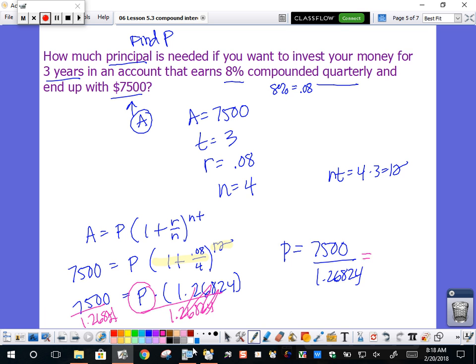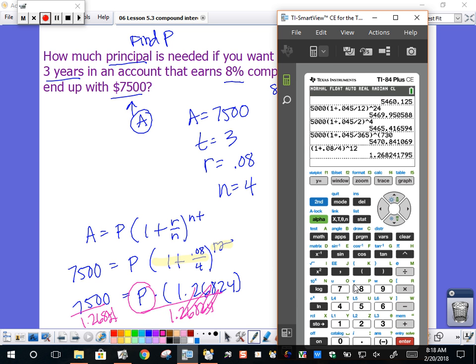That's the same thing I wrote on this side. Okay, now a trick to do this in your calculator is to type in 7,500 and then hit divided by, and then you can hit the second button, and right here, see where the negative is? It says answer. It'll divide 7,500 by the previous answer, by the 1.26824.